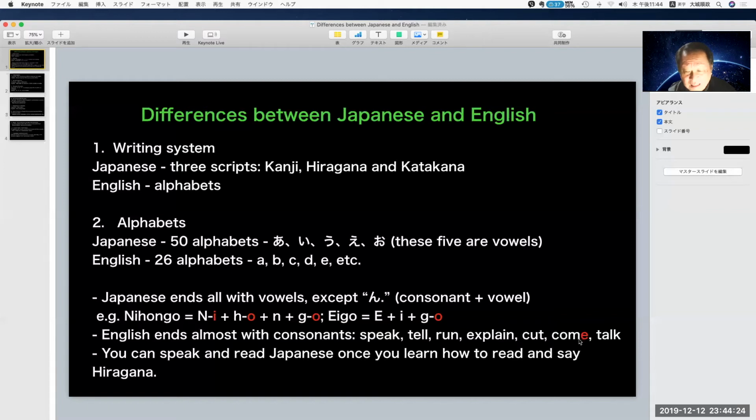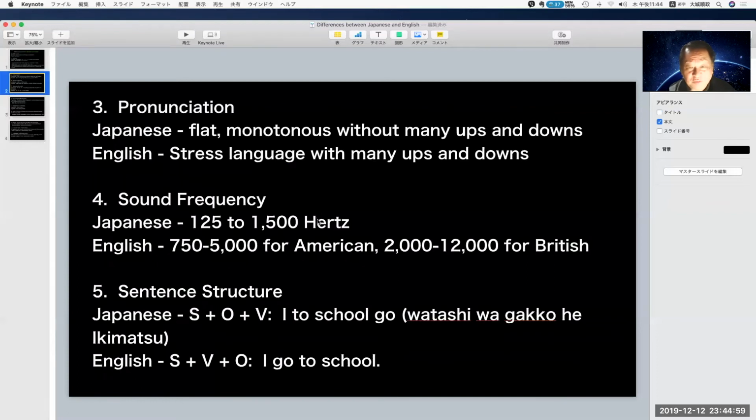That's why it's considered to end with a consonant. That's why come, M, talk, K, things like this. English does not end with a vowel sound. That's a complete difference. As I said, that's why if you know how to read and speak hiragana, you can speak and read Japanese.